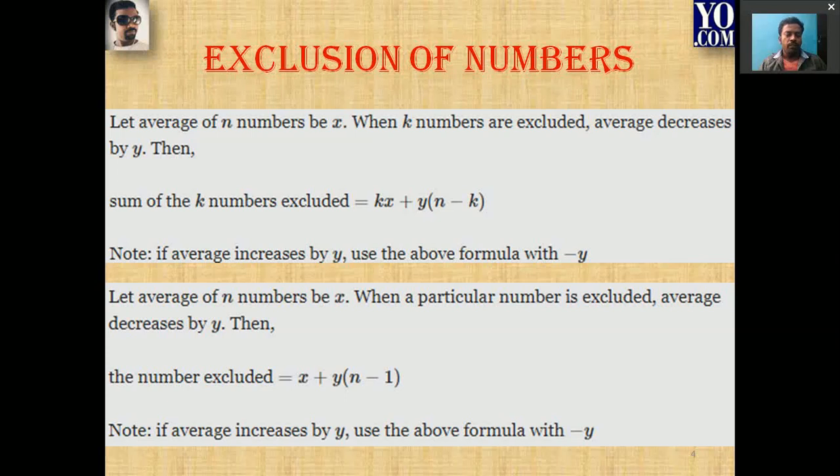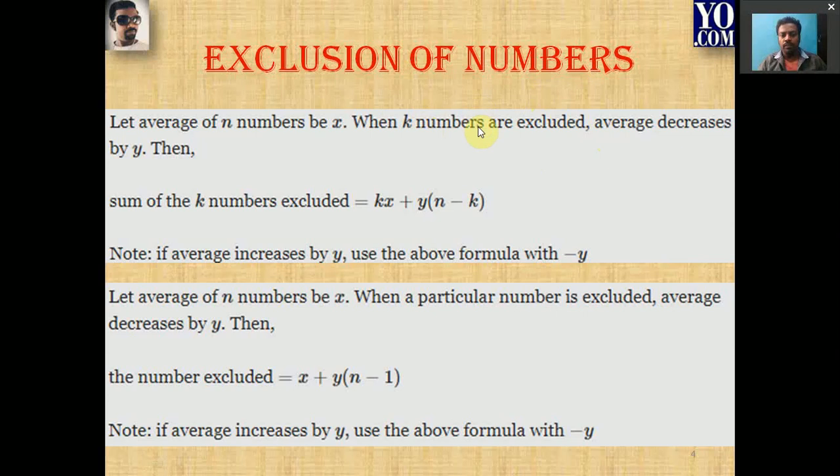Then sum of k numbers excluded is equal to k(x plus y) into (n minus k). If average is increased by y, then use above formula with minus y. So here numbers are excluded, then average decreases.